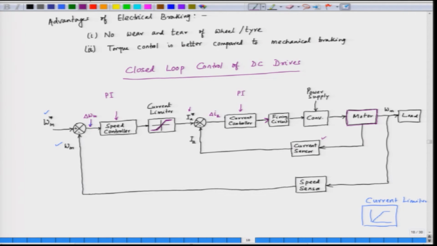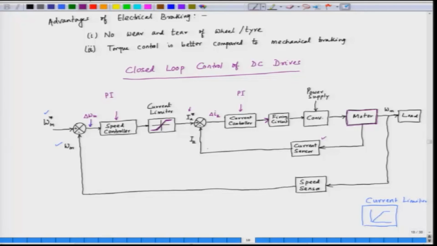So, the current limit is important because we do not want the motor current to reach a dangerously high value, which will damage the windings. Depending upon the capability of the motor, we can set the current limit. So, by having an inner current controller, we not only protect the motor, but also we control the torque effectively, because torque is a function of current.